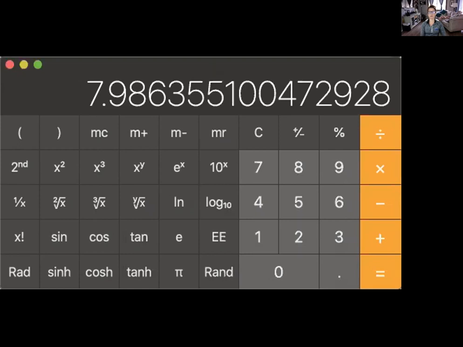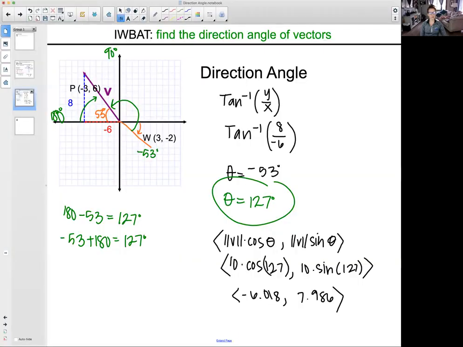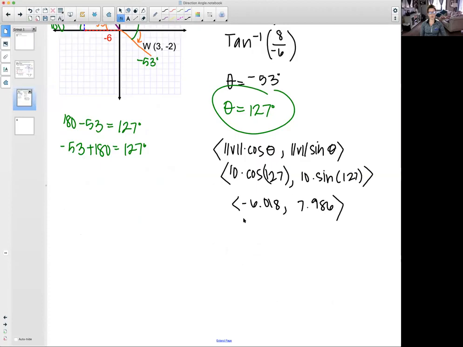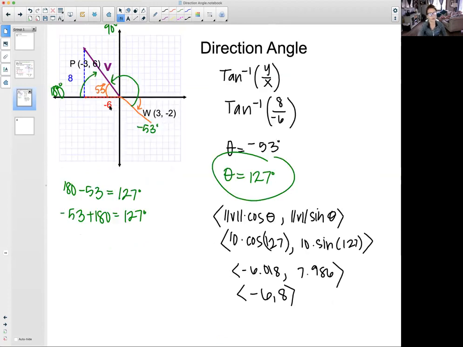And this gives us our two components here. So let me get back to the screen. Okay, so that gave us these two components here, which round to -6 and 8, which were the components of this vector.